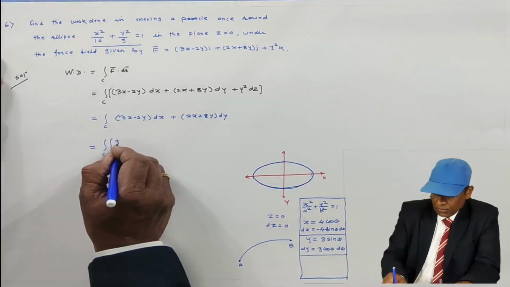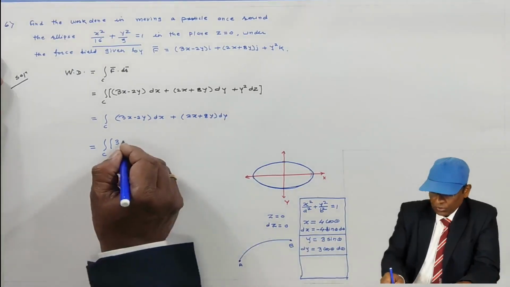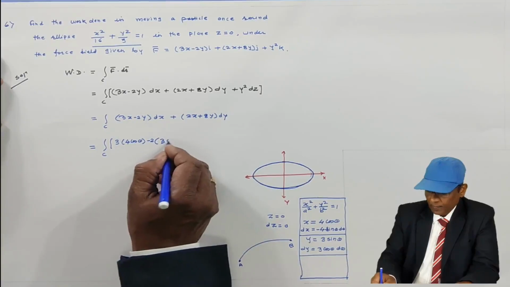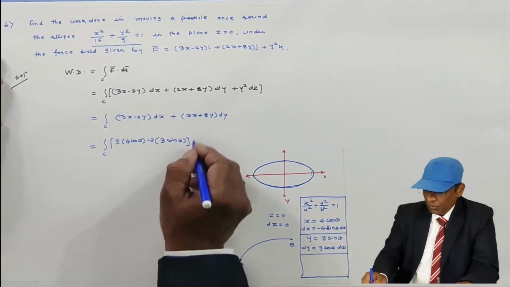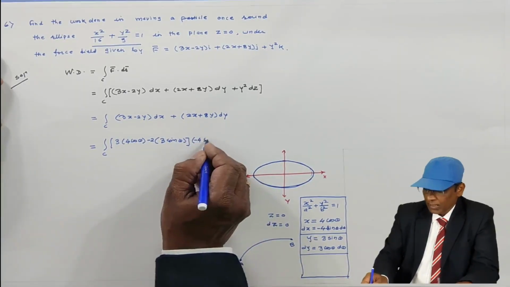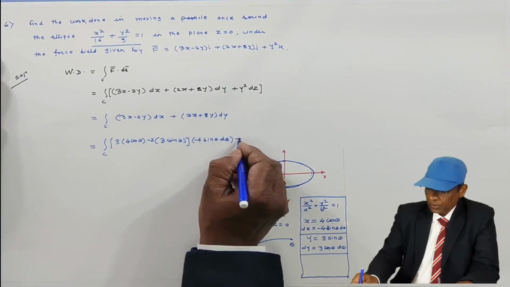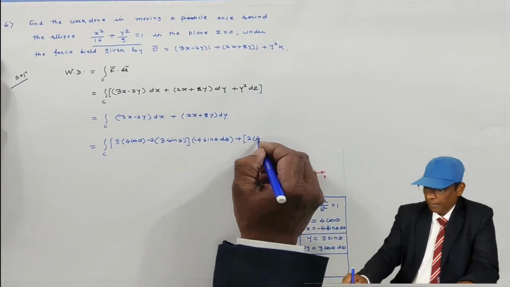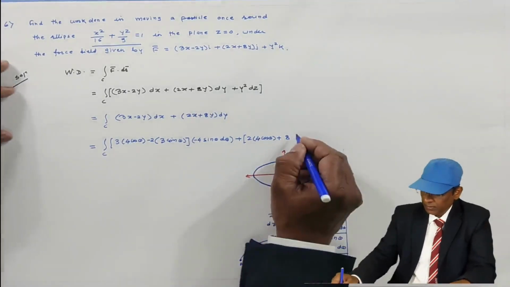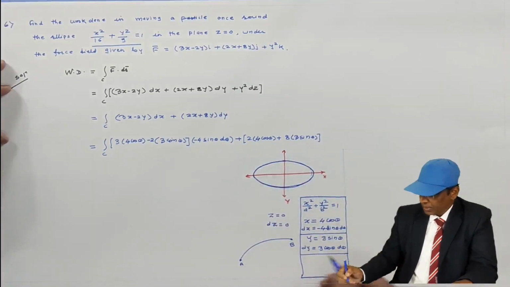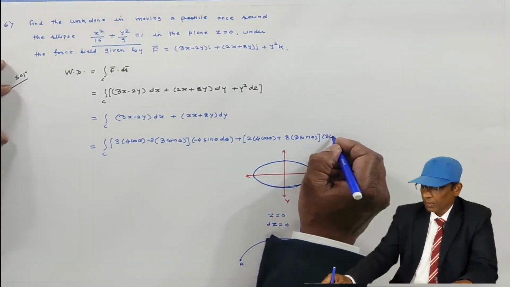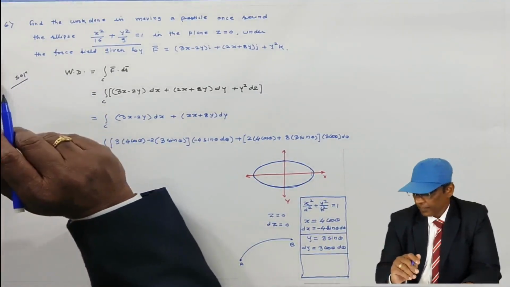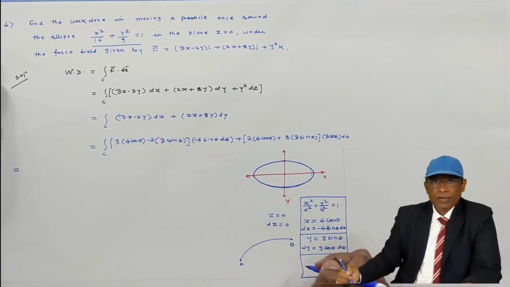Put x equal to 4 cos theta, y equal to 3 sin theta. dx equals minus 4 sin theta d theta. x equals 4 cos theta, y equals 3 sin theta, and dy is 3 cos theta d theta. For a closed curve, ellipse, circle, use the parametric equation.